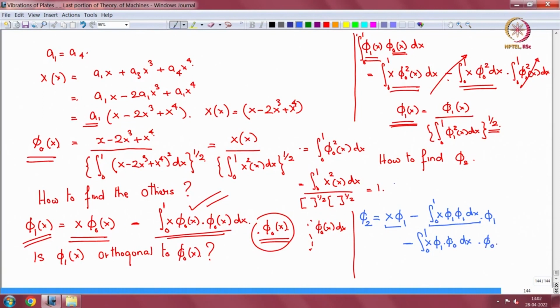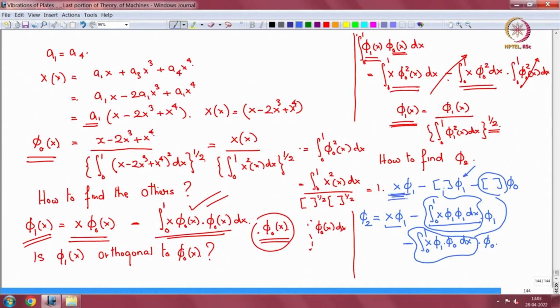Okay. From x phi 1 I am taking out a certain part of phi 1 and a certain part of phi 0. What is that part? That part here is this. Then this is free of a component of phi 1, this is free of the component of phi 0, and therefore it is orthogonal.